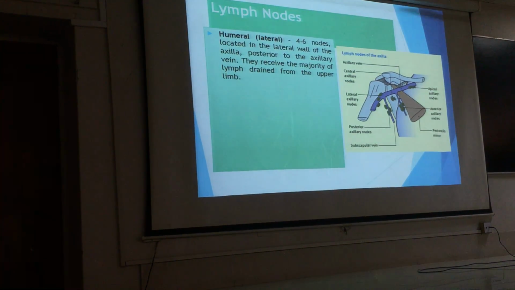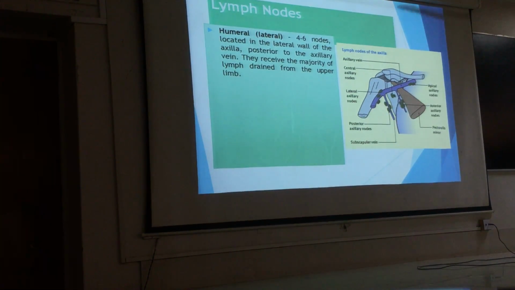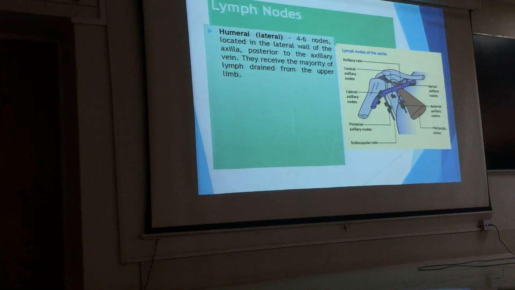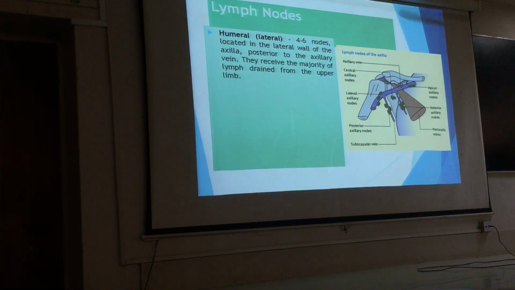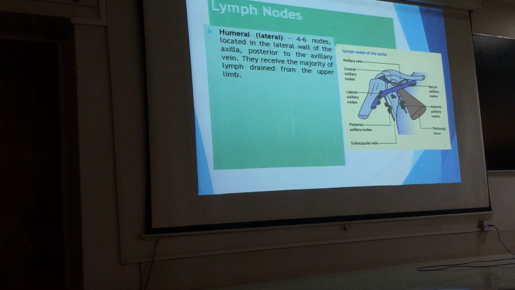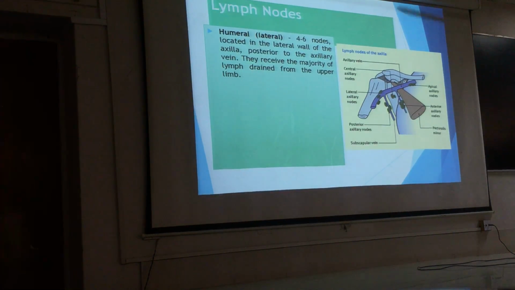Where were they present? We said that they are on the side of the humerus, so we call it the lateral group. They must be present in the lateral wall of the axilla. The medial wall of the axilla has the anterior group of the axillary lymph nodes, and the lateral group of lymph nodes is present at the lateral wall of the axilla.